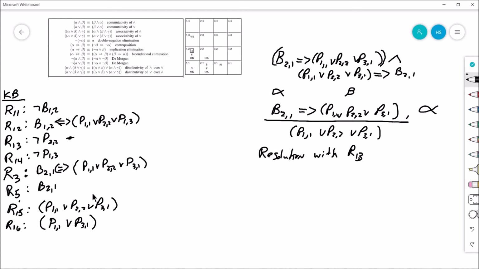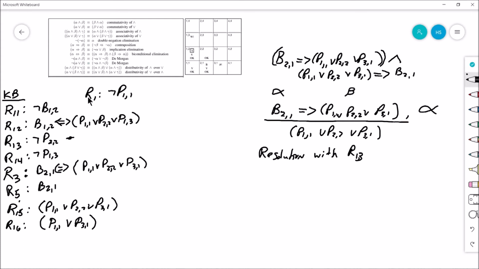So if we were to translate this into English, we could say, well, if there's a pit in 1.1, 2.2, or 3.1, and I know previously that there's no pit in 2.2, then it has to be in 1.1 or 3.1. Now, similarly, we can apply that resolution rule again using one of the first rules that we had, that there's no pit in 1-1 because it's the starting square.